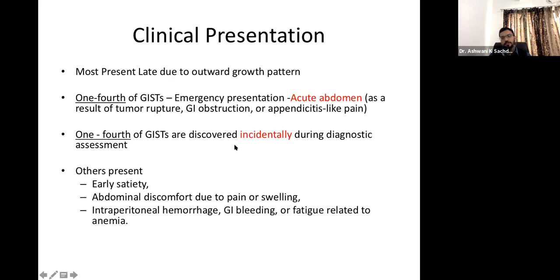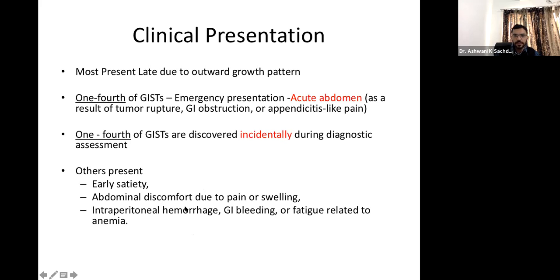Another one fourth, they are discovered incidentally during other diagnostic assessment, and other patients, they present with early satiety, abdominal discomfort due to pain and swelling, and some may have features of GI bleed, intraperitoneal hemorrhage.